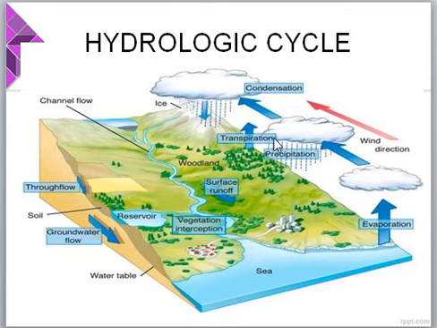So what are the activities that might affect the balance of water in our ecosystem? Of course, too much use of groundwater. Like for example, in our homes, we don't use water wisely.